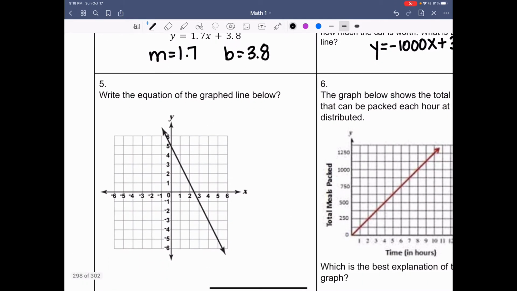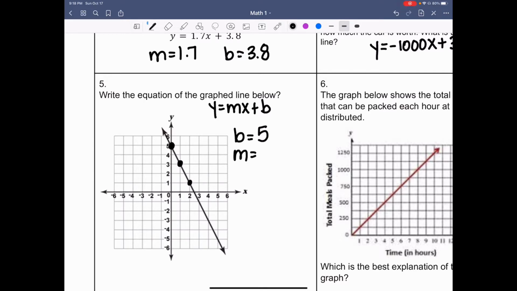So write the equation of the graph line below. So in order to write the graph line below, we have to be able to identify two things. We have to identify our slope and our Y-intercept. So I'm going to start with our Y-intercept is 5, and then to find the slope, we're going to have to find another point. Again, it could be any point. It could be any of those in that situation.